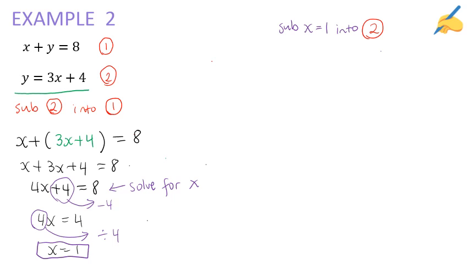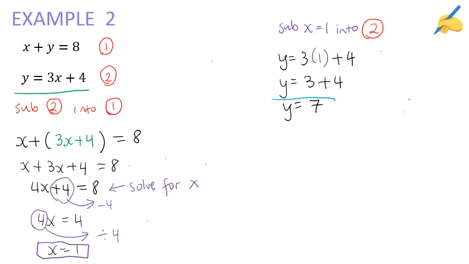So now I have y equals 3, and instead of writing x, we know that x is 1 plus 4. So I've got y equals 3 times 1, which is 3, plus 4, so y equals 7.